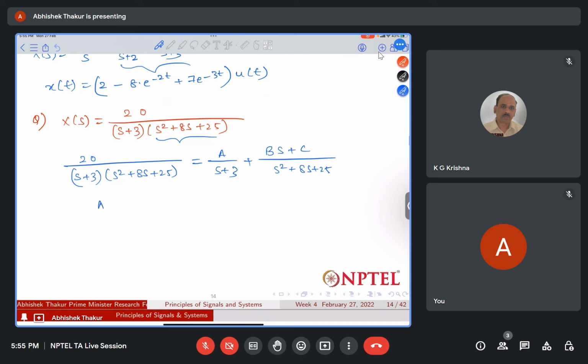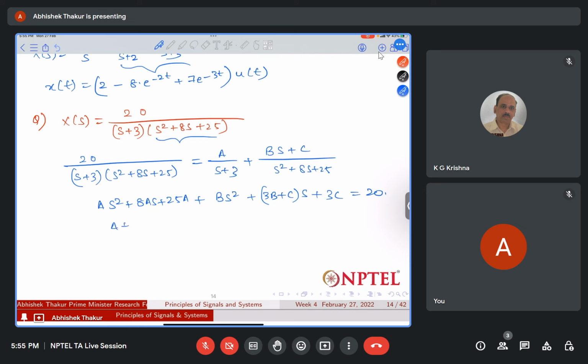So we will get A s squared plus 8As plus 25A, plus Bs squared plus 3Bs plus Cs plus 3C. So (3B plus C) into s plus 3C. We have to equate this with 20.